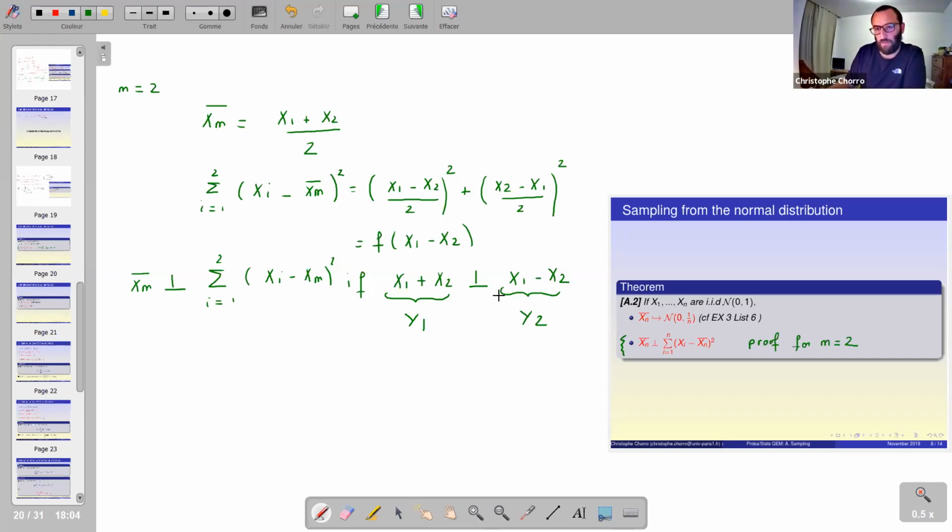And typically here we are in the setting where we are going to use results concerning Gaussian vectors, because x1 and x2 being independent Gaussian random variables, I can see easily, and it's something I have done in the list 8 of exercises, that (y1, y2) is a Gaussian vector.